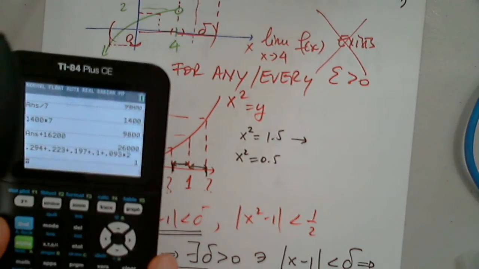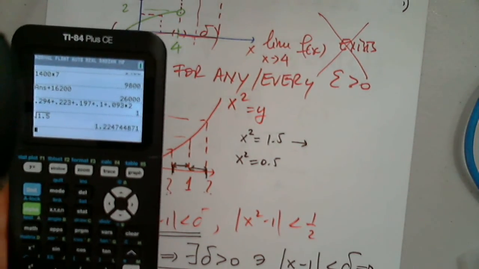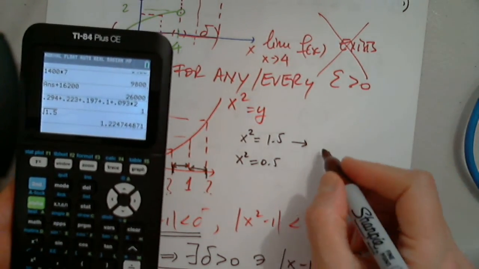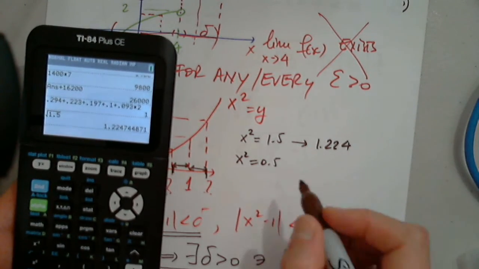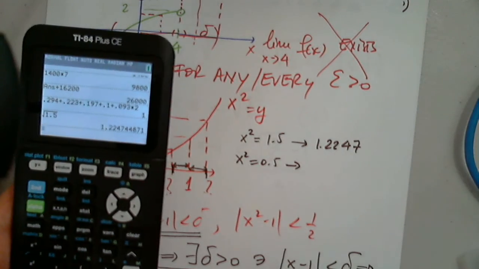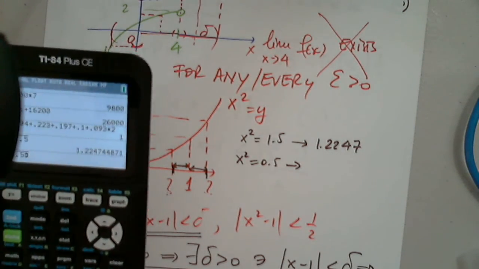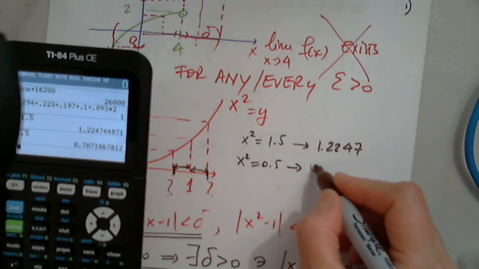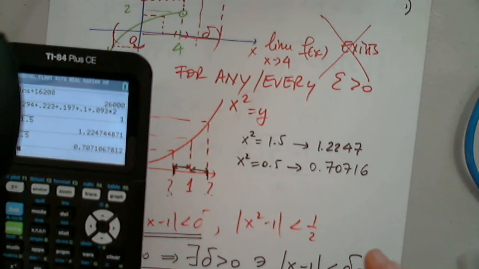So the square root of 1.5 would be 1.2247. I don't know how many digits they want. I forgot to look. And the square root of 0.5 will be 0.70716 if you want.